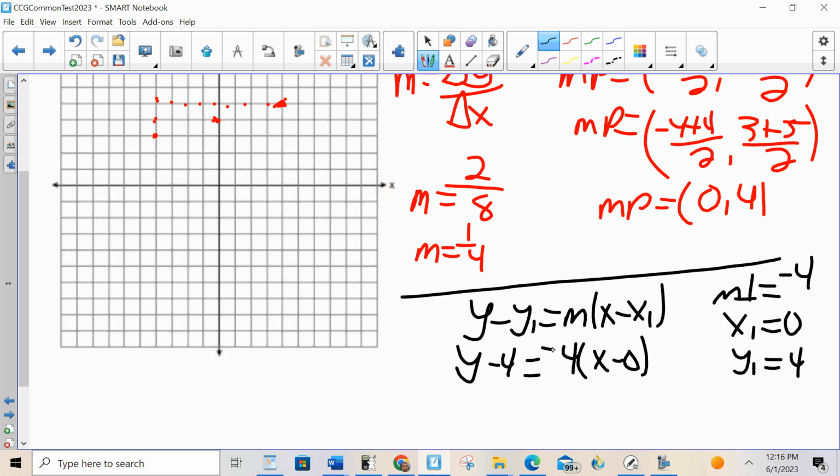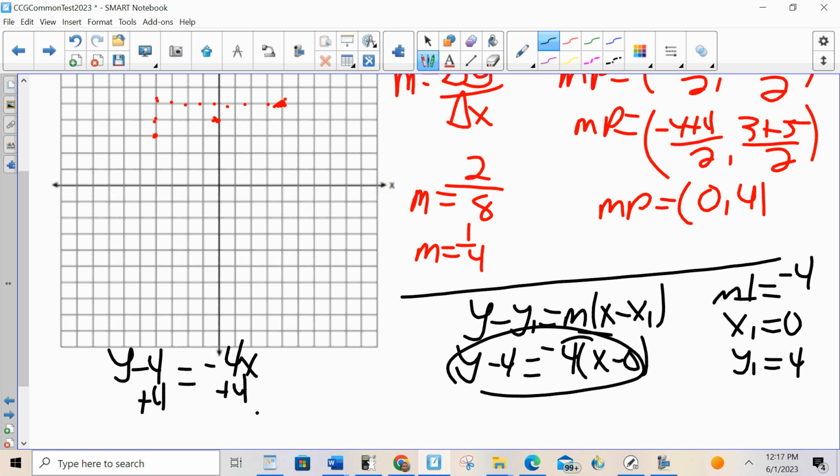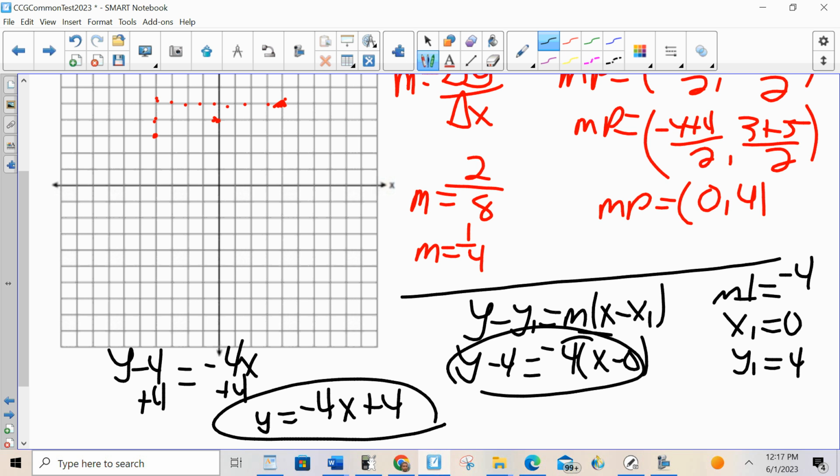If you wanted to put it into slope-intercept, you can distribute. Really not much to distribute there. And isolate y. Either one would be fine.